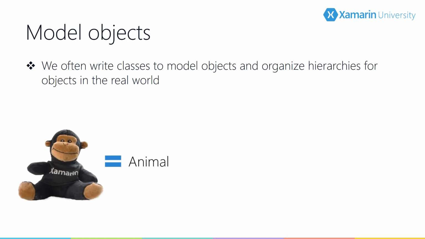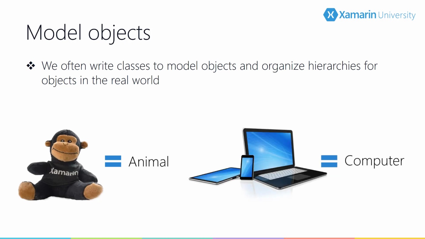For example, a monkey is a kind of animal, and a tablet, phone, or laptop is a type of computer. Monkey is specific, whereas animal is general. We tend to think like this.